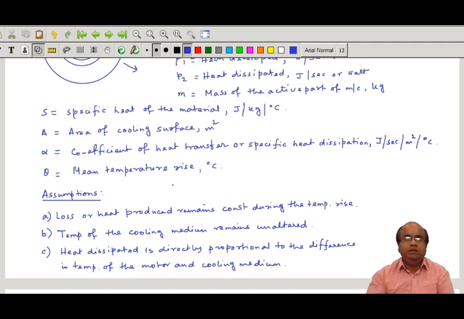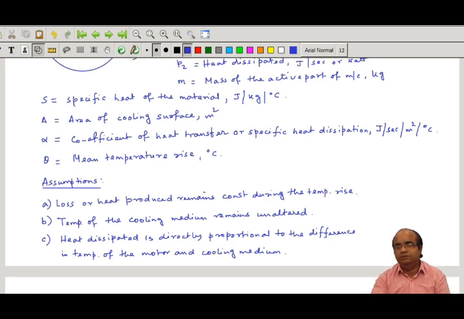These three are the assumptions to be considered.